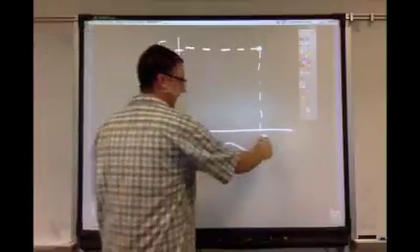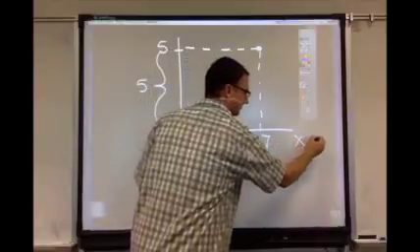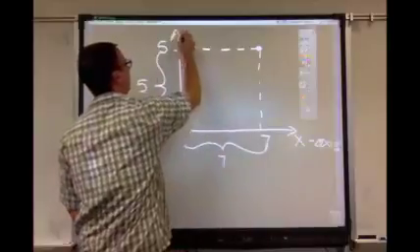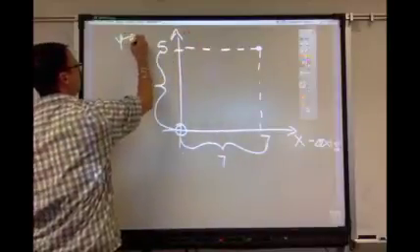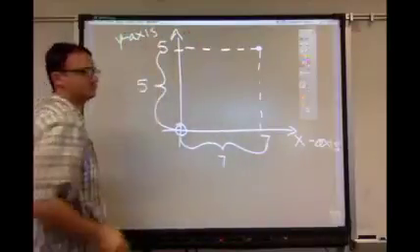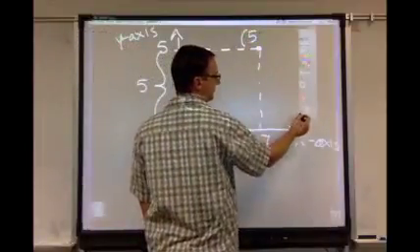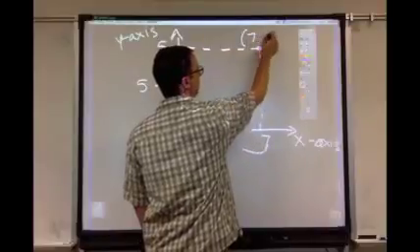Our point would be an x value and a y value. And we would call this point 7, comma 5.